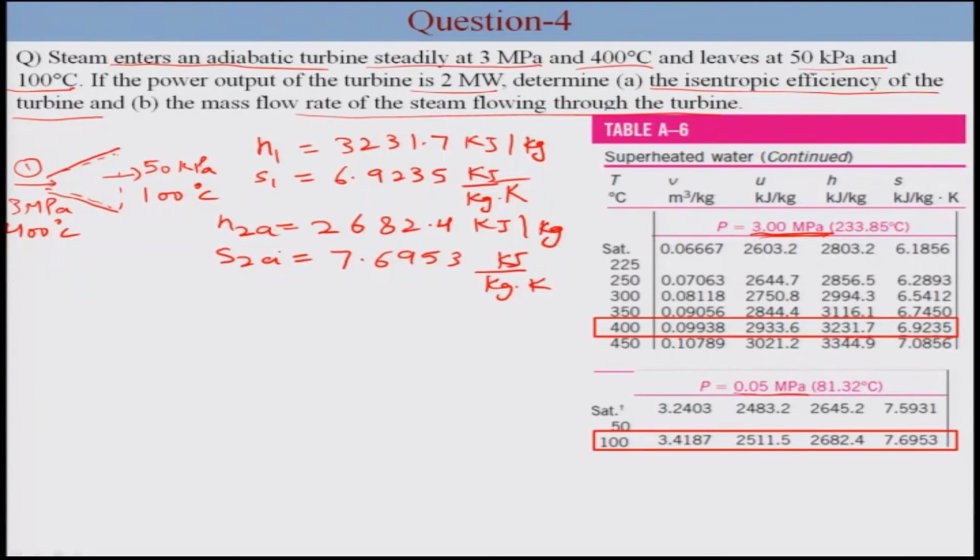So, if we see in the TS diagram, this is T and S. This is the line for 3 megapascal and this is 400 degrees Celsius.